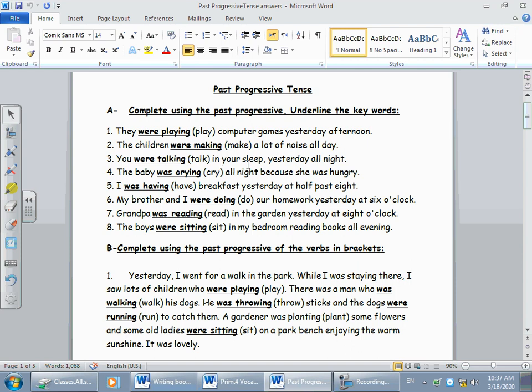You talk in your sleep yesterday all night. "All night" is a keyword of the past progressive, so this means that it should be: you were talking in your sleep. The baby cried all night because she was hungry. The baby was crying all night because she was hungry.